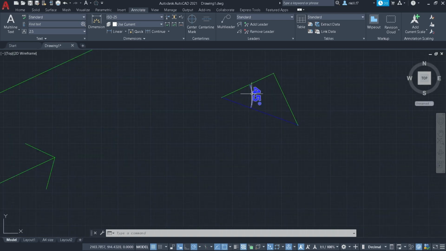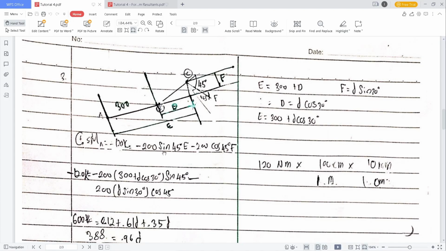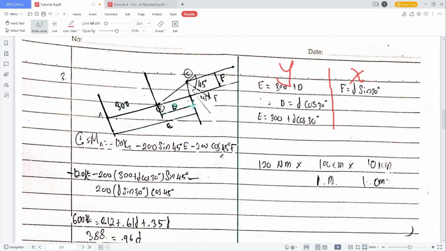So using the trigonometry rule, if you want to find the force in the Y direction, you need to use sine, and for the X direction you need to use cos. So in this problem, 200 sine 45 degree is for the force in the Y direction. Meanwhile, for the X component, it will be 200 cos 45 degree.